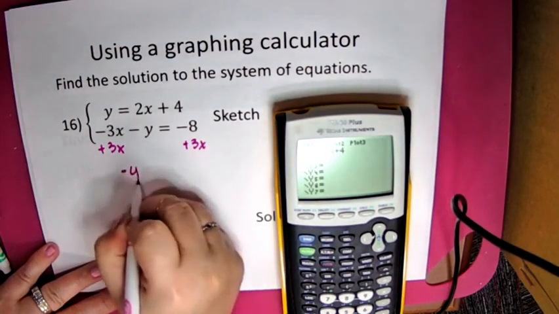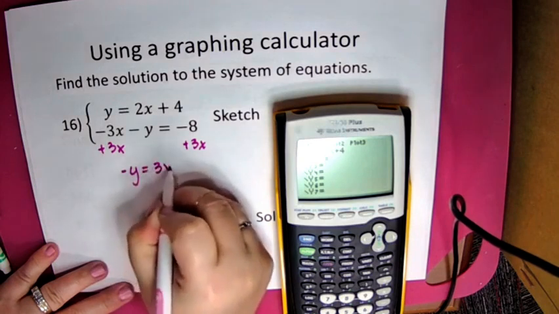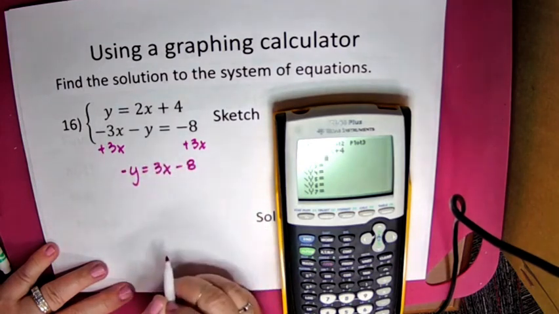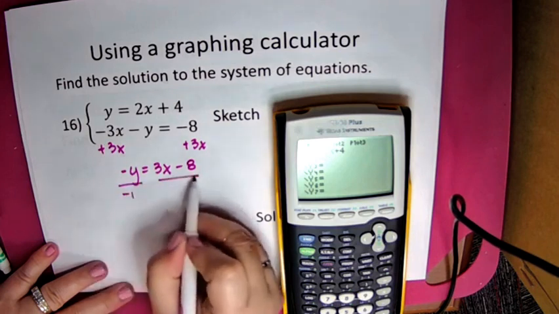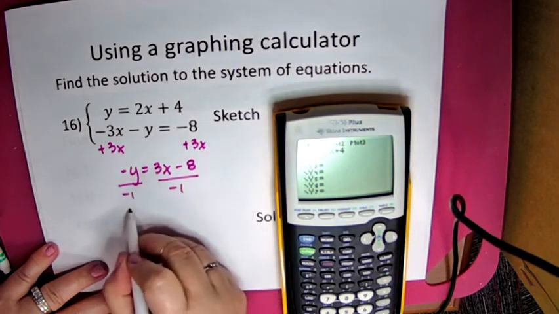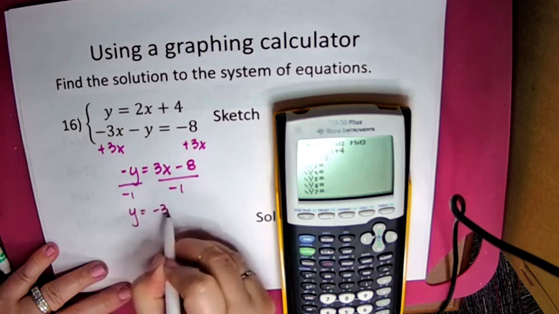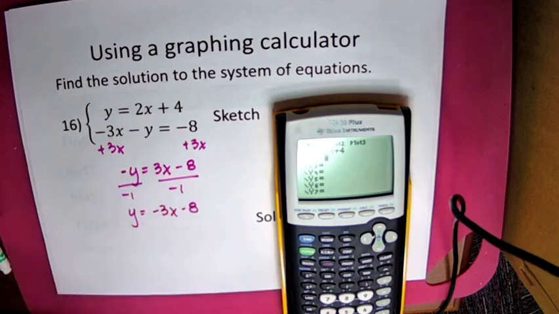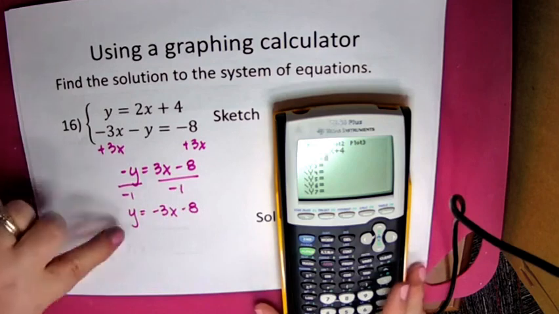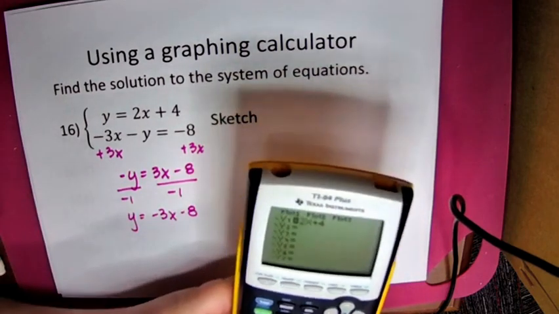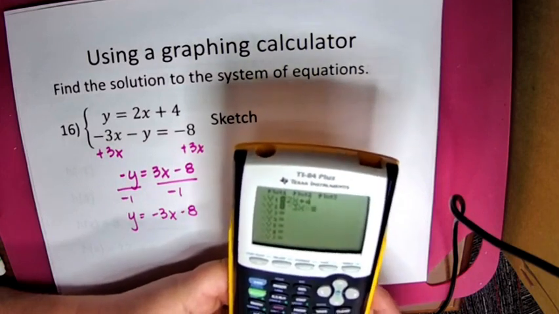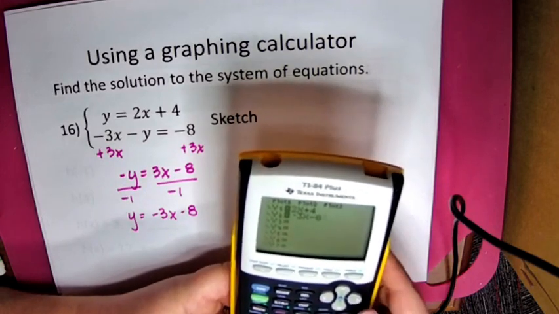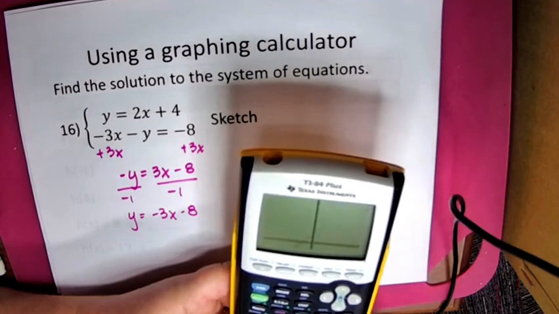So now I have -y equals 3x minus 8. And then I'm going to have to get rid of that negative by dividing everybody by -1. So y equals -3x minus 8. Make sure that he's in this form. If he's not, you've got to do some fixing. And that -3x minus 8 is what I'm going to graph.